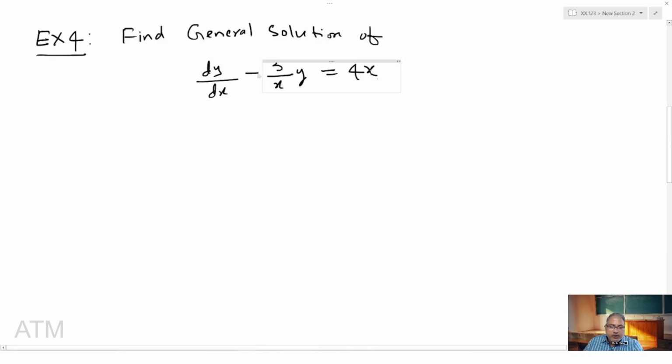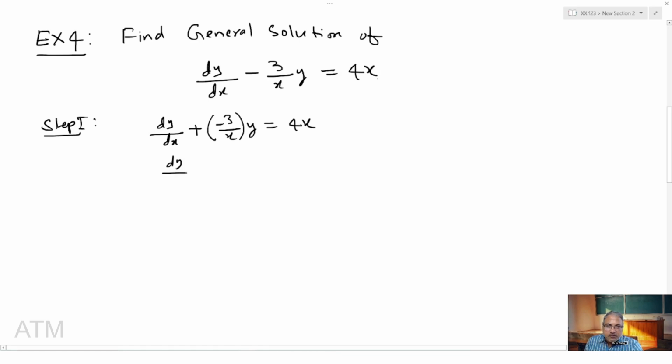Example number 4 here. Find the general solution of dy by dx minus 3 upon x y equals 4x. Step 1. Writing it properly: dy by dx plus minus 3 upon x y equals 4x.